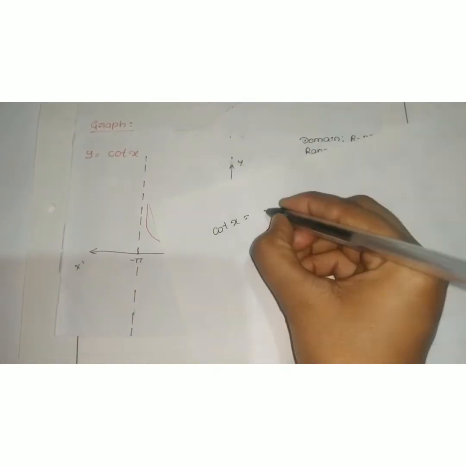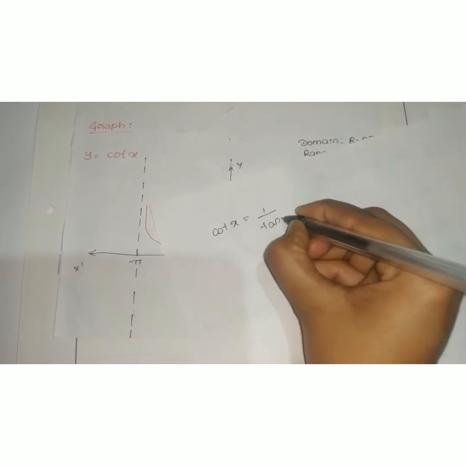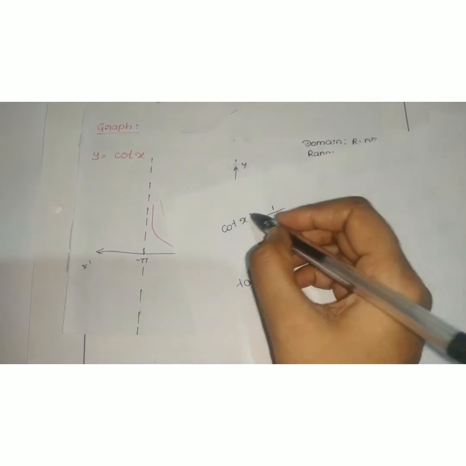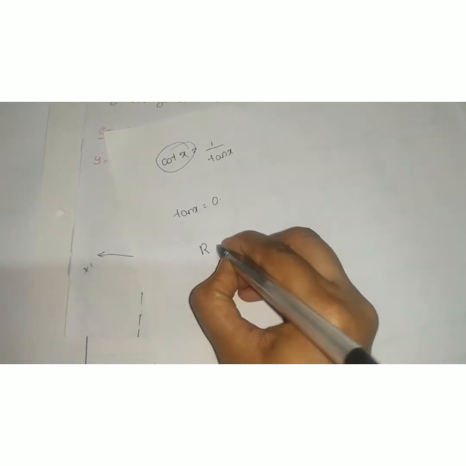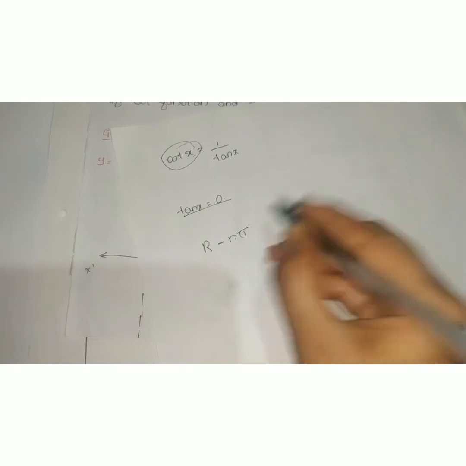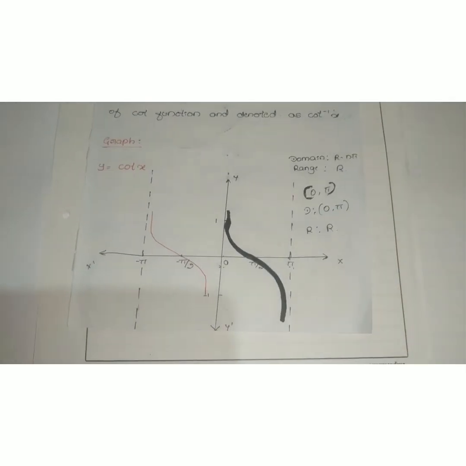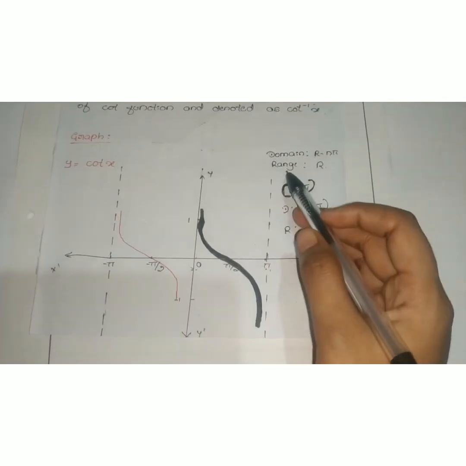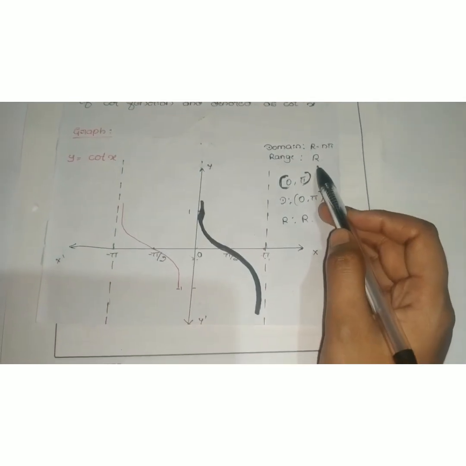Cot x is the reciprocal of the tan function. So if tan x is equal to 0, the cot function is not defined. Therefore, the domain of the cot function is all real numbers except the real numbers at which tan x is 0, that is n pi or minus n pi. So the range of the cot function is all real numbers.